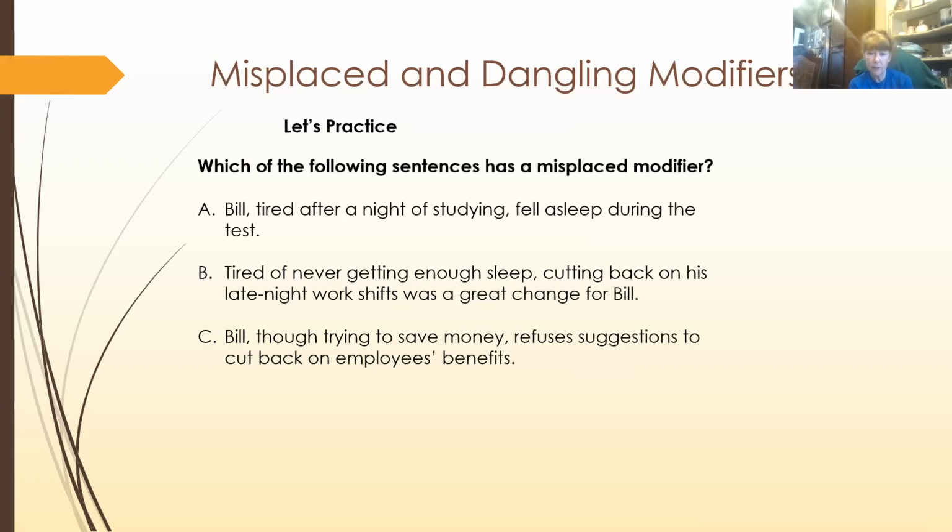Tired of never getting enough sleep, cutting back on his late night work shifts was a great change for Bill. That seems like it's misplaced. Let's look at C. Bill, though trying to save money, refuses suggestions to cut back on employees' benefits. That one's okay, because though trying to save money describes Bill.